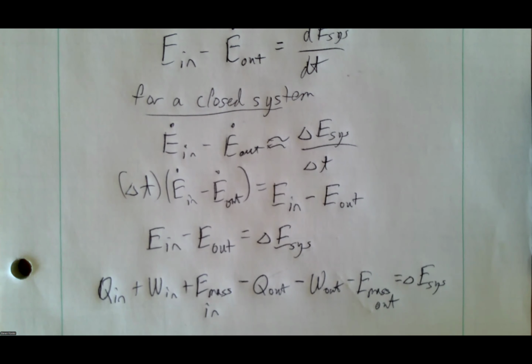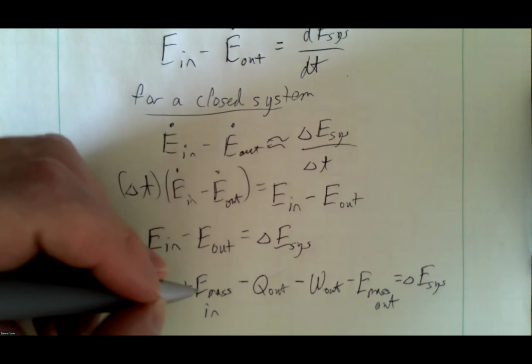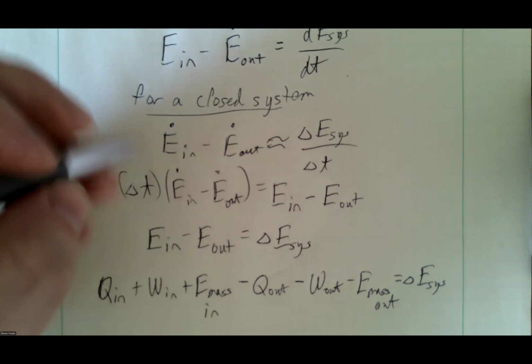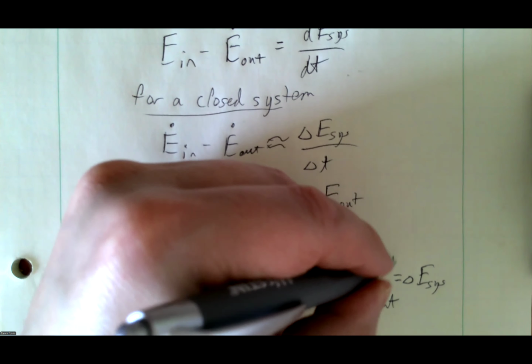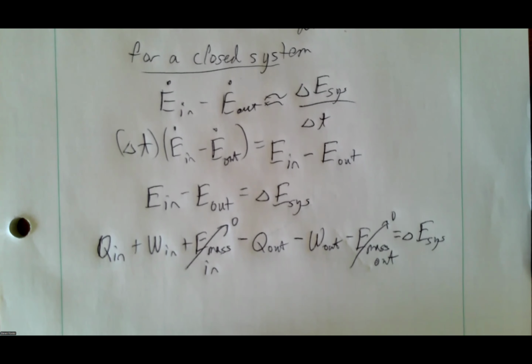This is the energy in, energy out. Now, remember it's a closed system. Because it's a closed system, there is no mass crossing the boundary.